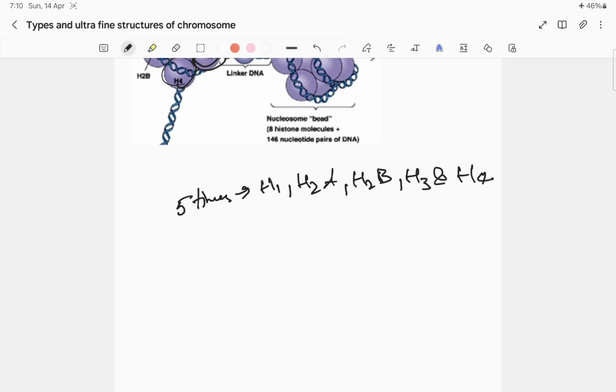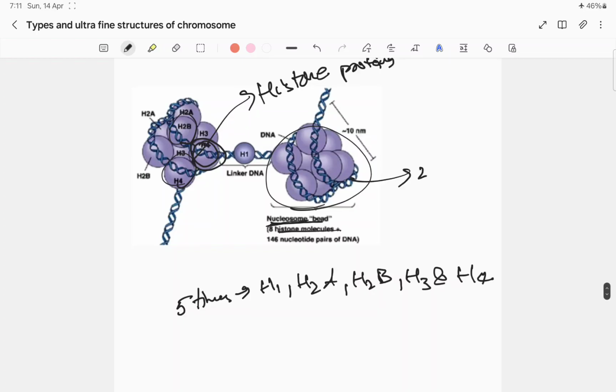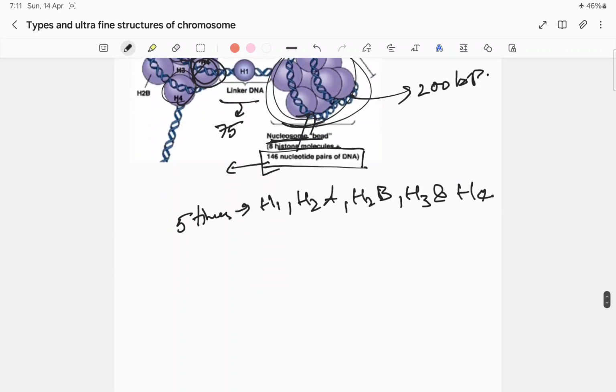Okay, this nucleosome is there, right? This nucleosome is generally the unit of chromatin or chromosome, we can say. It's composed of 200 base pairs, in which 146 will be formed by this one, and the remaining will be formed by linker DNA. 75 will be formed by this linker DNA, and 146 will be formed by this histone octamer, right?